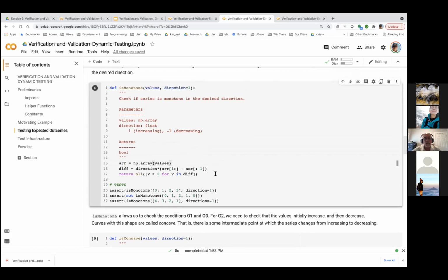What I try to do with all of my code is make sure that I've documented what it does and what the inputs are. So values and direction. Values would be an array. Actually, I should say or list, because I convert it to an array. And direction, I say it's a float. I don't know why I say it's a float.